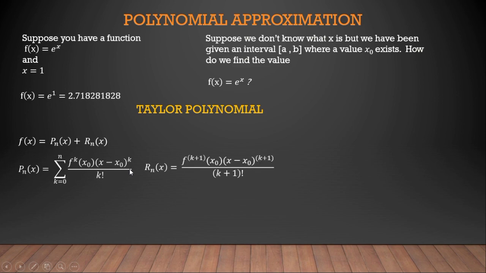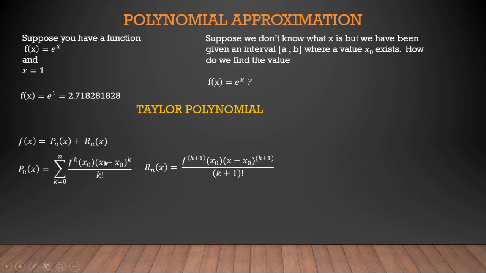And then we have the remainder term, which equals the derivative of order k plus 1 of f at x naught, multiplied by x minus x naught to the power k plus 1, divided by k plus 1 factorial. So we have this type of relationship between this guy and this guy.